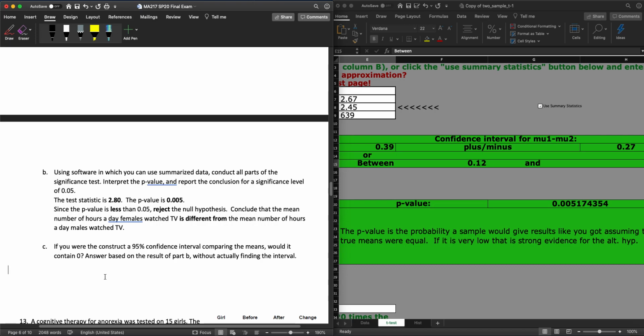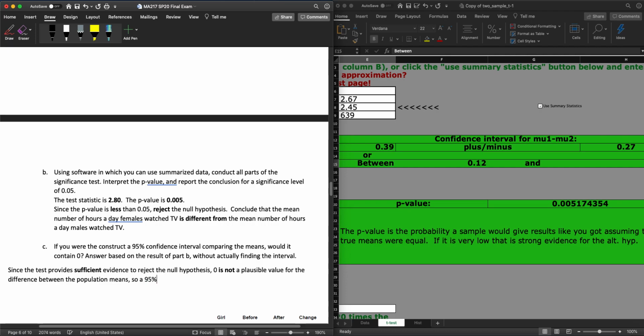So for this, since the test provides sufficient evidence to reject the null hypothesis, 0 is not a plausible value for the difference between the population means.